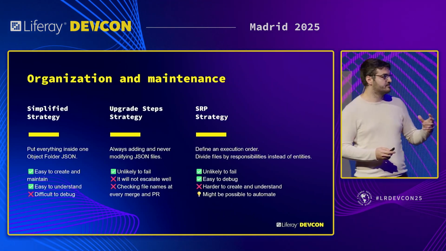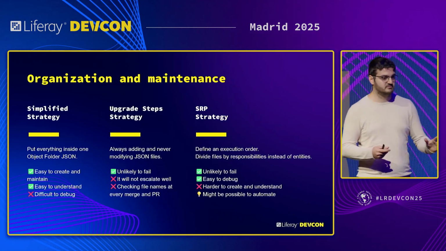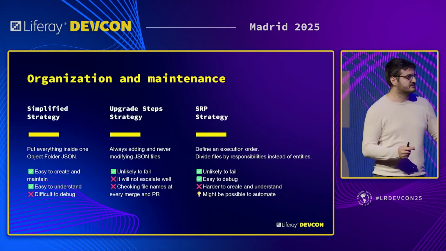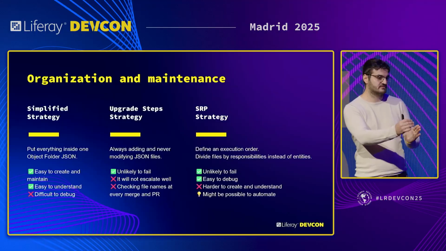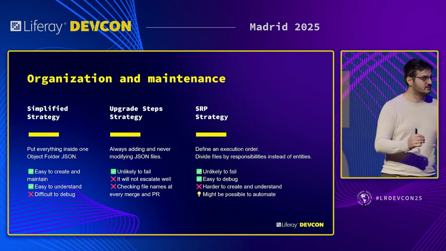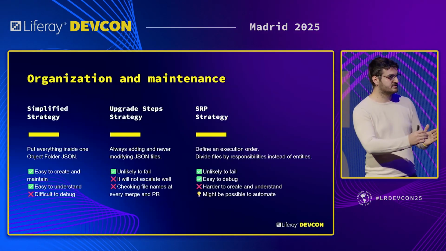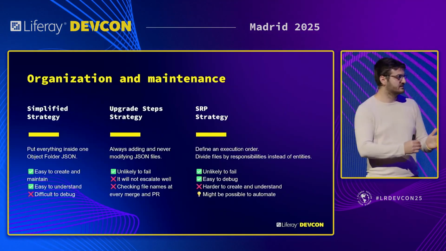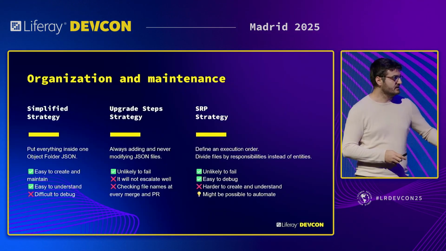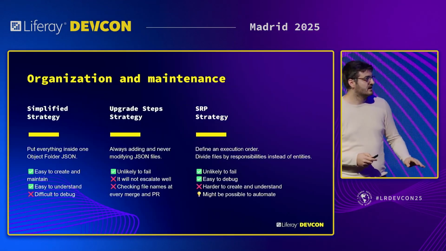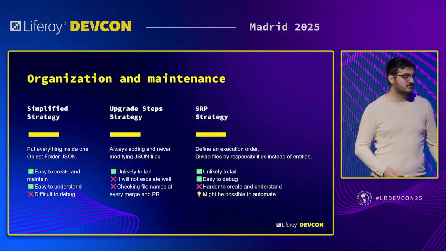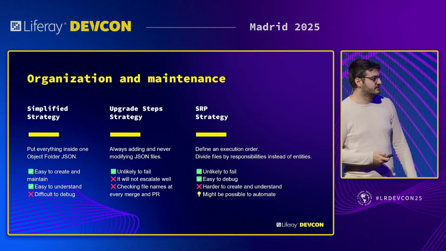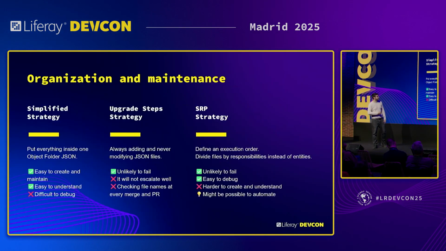It's a little bit harder to create and understand because you have to understand the dependencies that there are. And it is unlikely to fail because you will start partitioning everything into smaller files, and you will see in the logs where it is running OK and when it starts to fail. And it's very easy to debug. And also, it might be possible to automate with some tools, like what we have seen on the batch client extension generator.